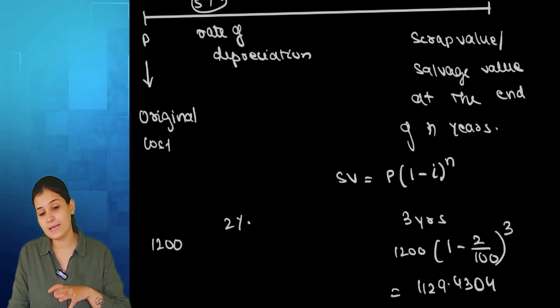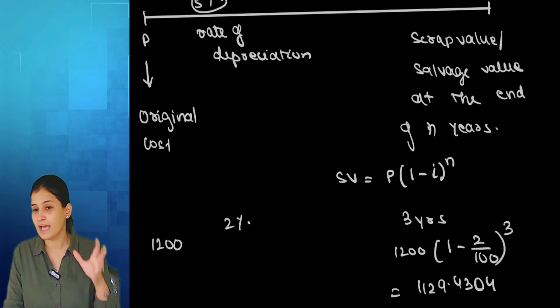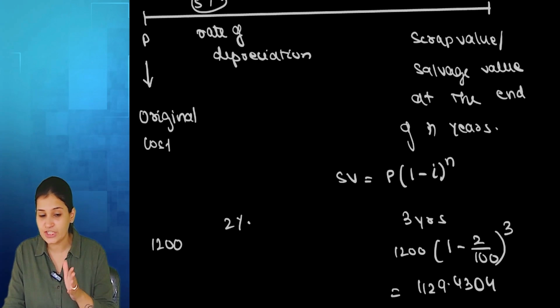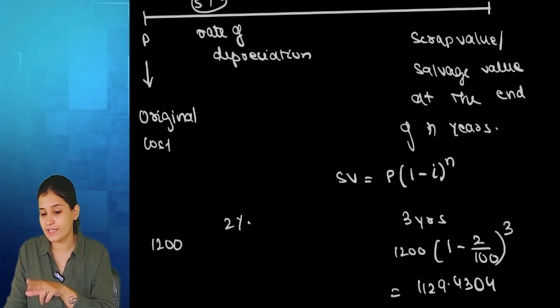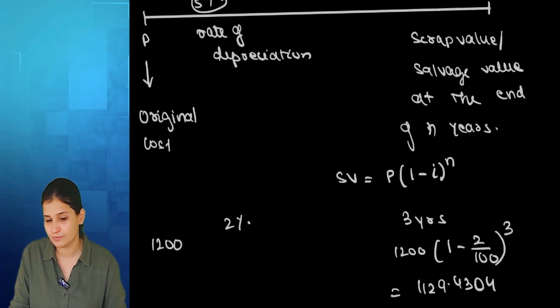So something that I bought for 1200, whose value is getting reduced each year by 2%, after 3 years if I'm trying to sell it, I'll get 1129.4304. Yes? Yes, ma'am. Everybody understood?